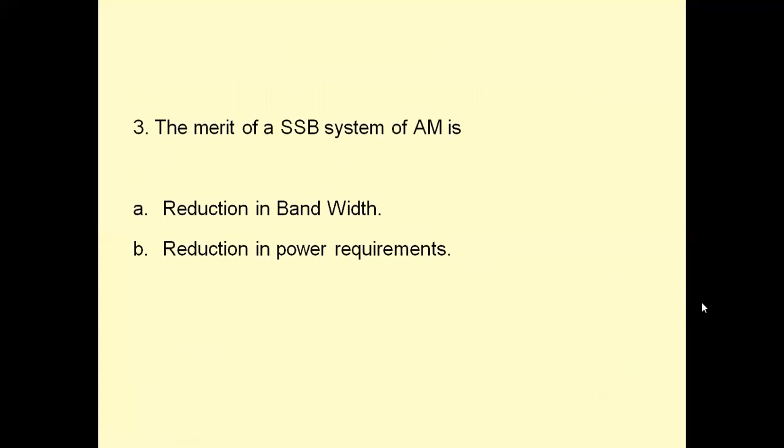The next question is, the merit of the SSB system is: reduction in bandwidth, reduction in power requirement, C both, D none. The main advantage of SSB is a reduction in bandwidth and also a reduction in power. Option C is the correct choice. In SSB, we are transmitting only one sideband, so the bandwidth is equal to half that of AM and DSBSC.